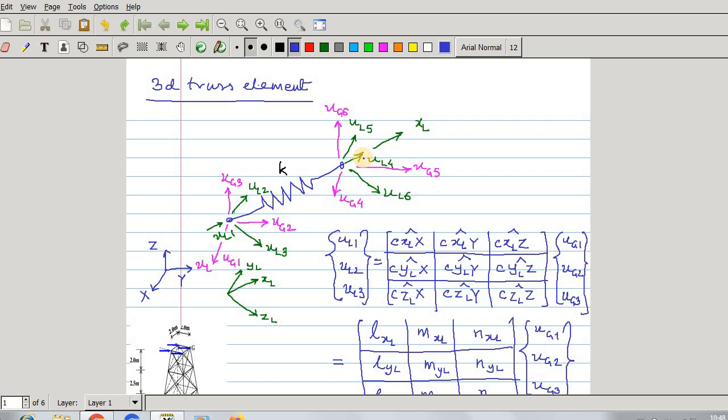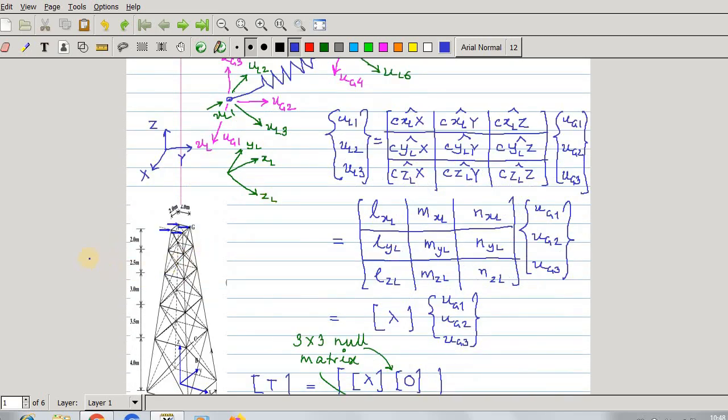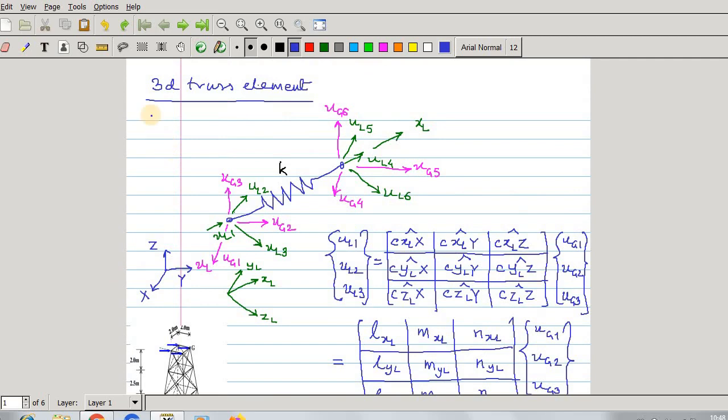But since we are using it to analyze this, we have to incorporate, along with the axial degree of freedom, another 2 degrees of freedom. Here also, along with the axial degree of freedom, another 2 degrees of freedom, and we have to make this stiffness matrix a 6 by 6 one.